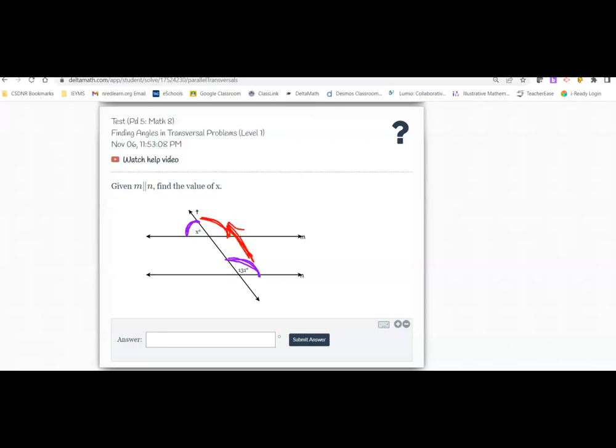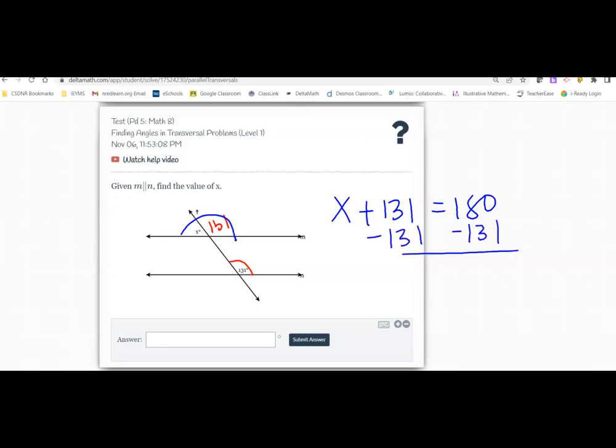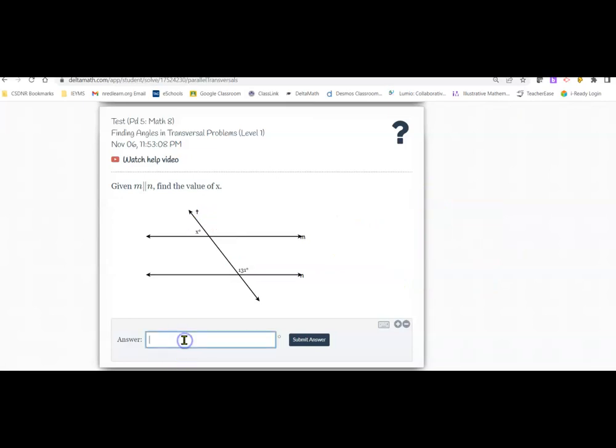So if this angle is 131, this angle is 131. And these two angles here make 180. So x plus 131 is supplementary. So x is equal to 49. So we'll type that in here.